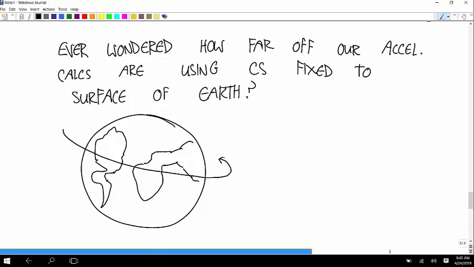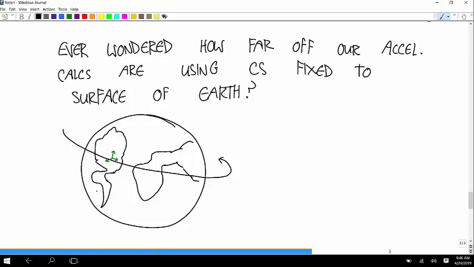And so when we do experiments in a physics class, we calculate our accelerations using a video camera or a coordinate system that's fixed to the surface of the Earth. If this is our coordinate system, here's us. And if we assume that the center of the Earth is fixed, which is another issue you could calculate after this, let's just worry about the rotation of the Earth first.